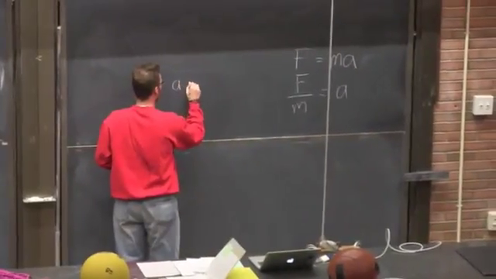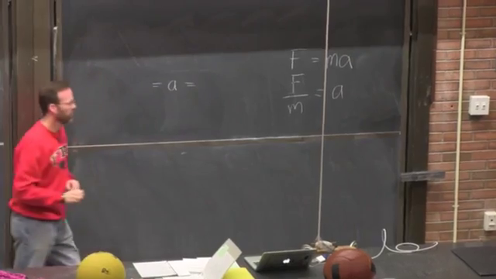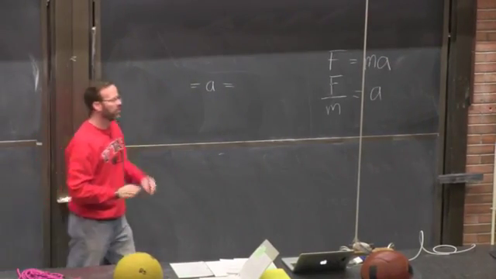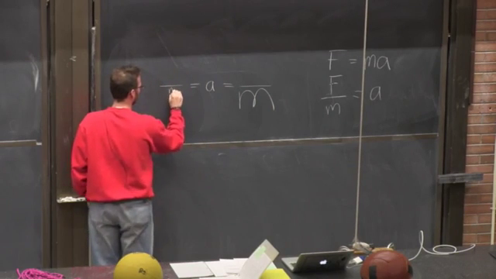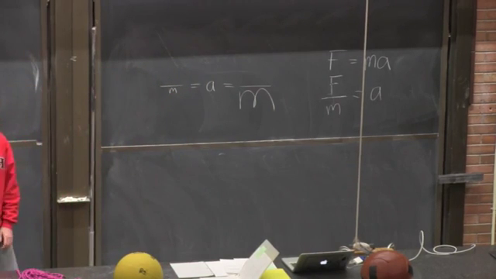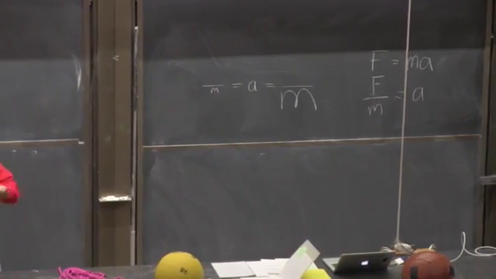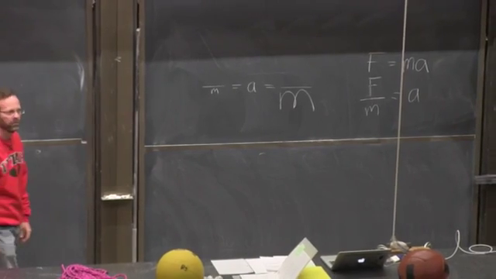If things accelerate at the same rate, that's another way to think of this. Something with more mass and something with little mass. What must the forces be to have that same acceleration?